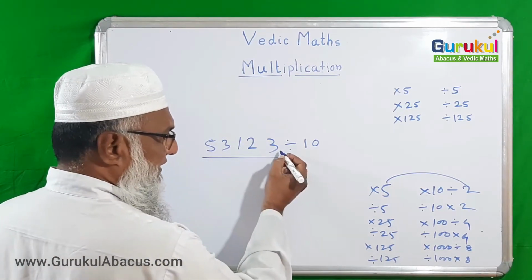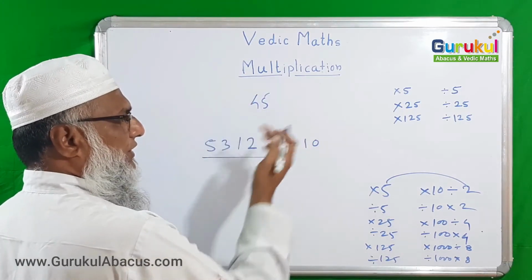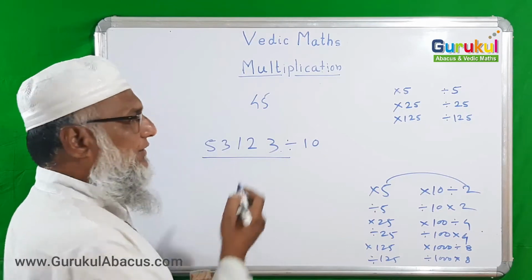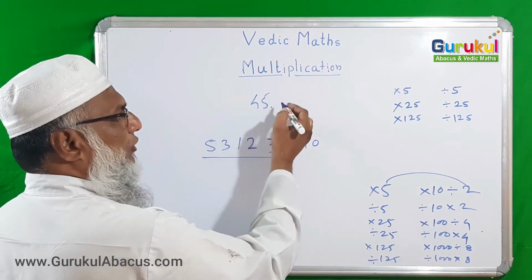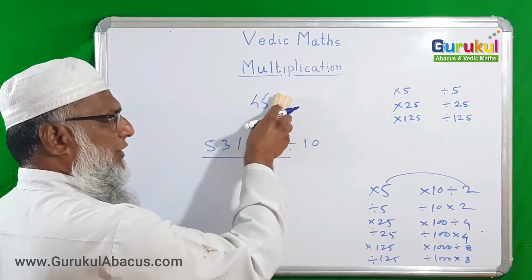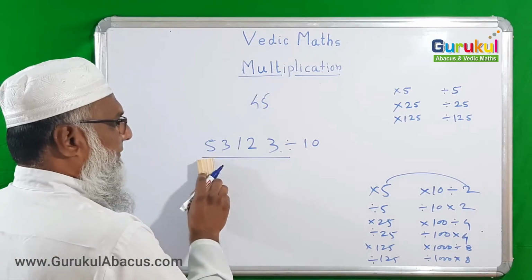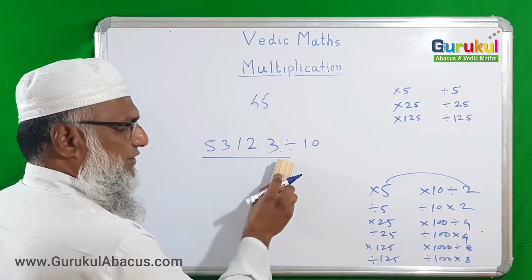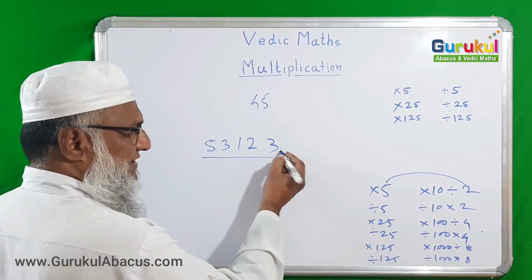It means there is a virtual decimal point. Suppose it is 45, and you are not seeing any decimal point in the 45. It means here it is 45.00, so the zeros and the decimal point have not been written. In that way, in 53,123 there is no decimal point written, so the decimal point is here.